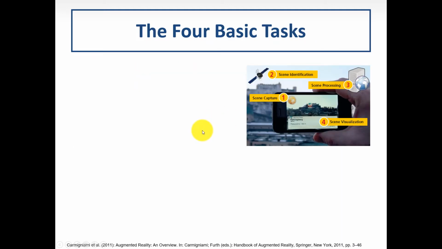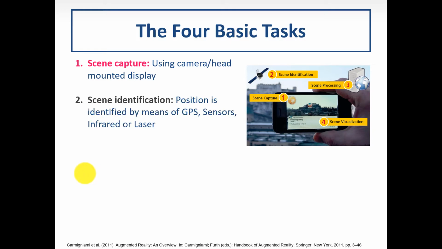So the basic tasks of this technology are four. The first is the capturing of the scene, of the reality, so we can use the camera. Number two, the identification of this device, either by using positioning, that means identifying by means of GPS, sensors, or laser.